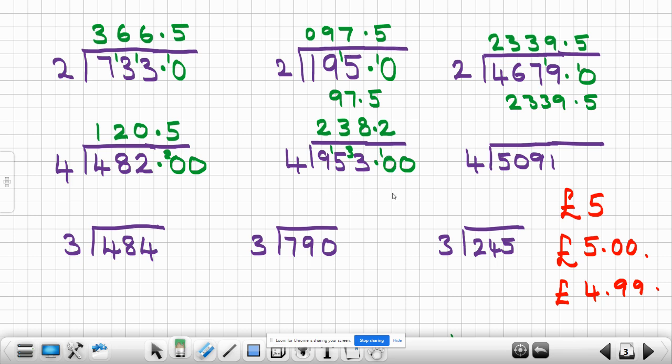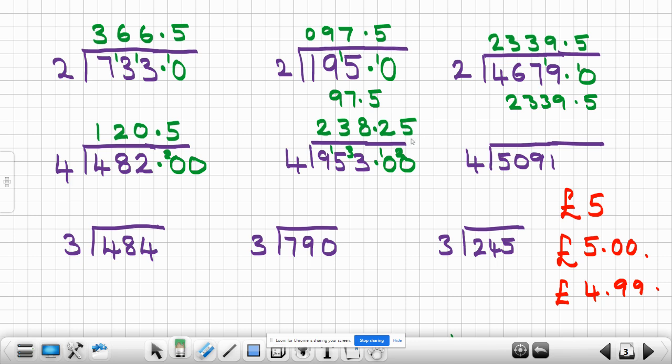So we're going to have a remainder of 2. I'm going to put that in front of my second 0. And 4s into 20 goes 5 times. Okay, so the answer is 238.25.